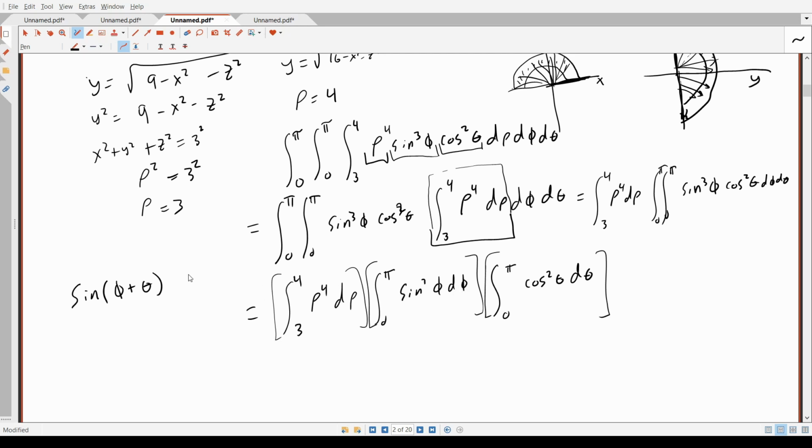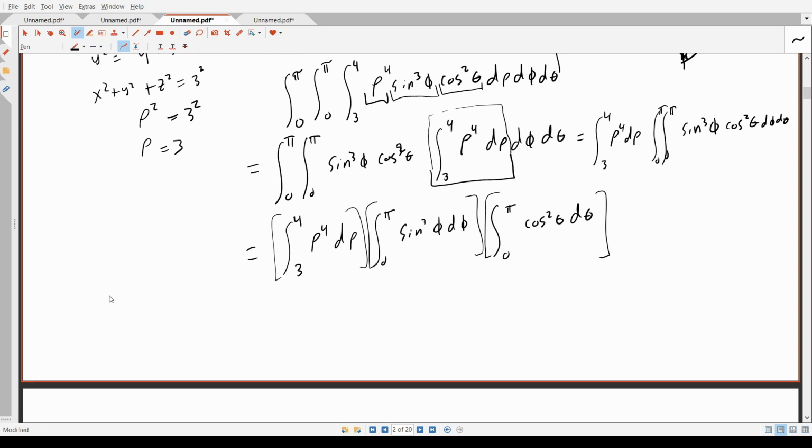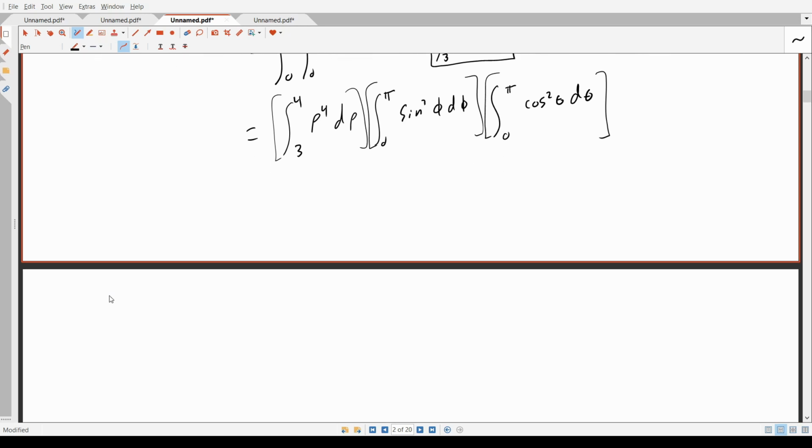Okay. So I'm going to go ahead and work this out. There's nothing really special about working this out. It's just working out 3 different integrals. So let's copy that down.